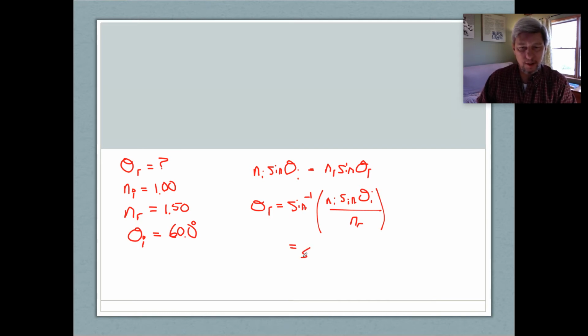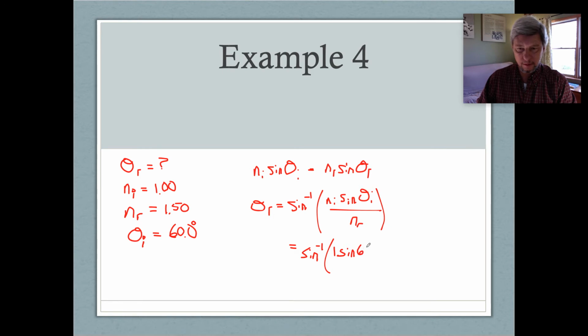So this is going to be the inverse sine of 1 times the sine of 60, come on, over 1.50.